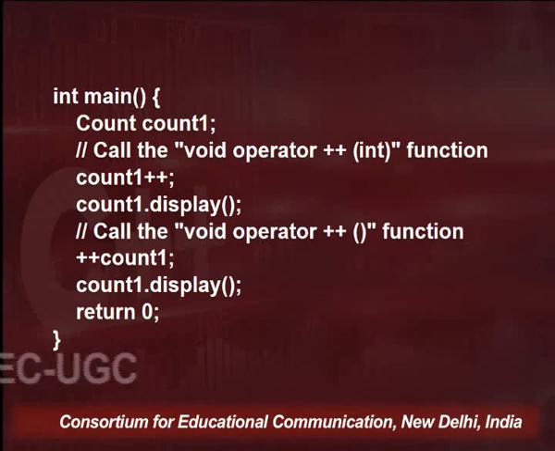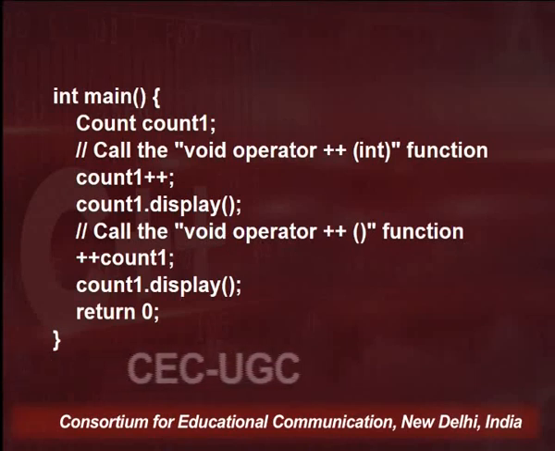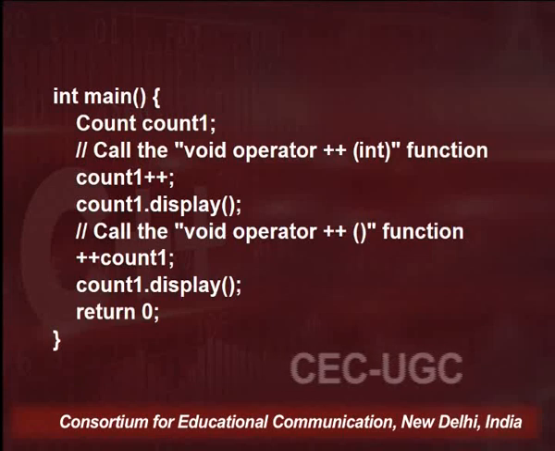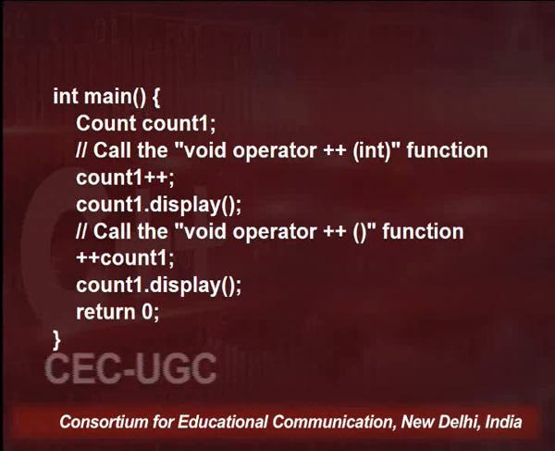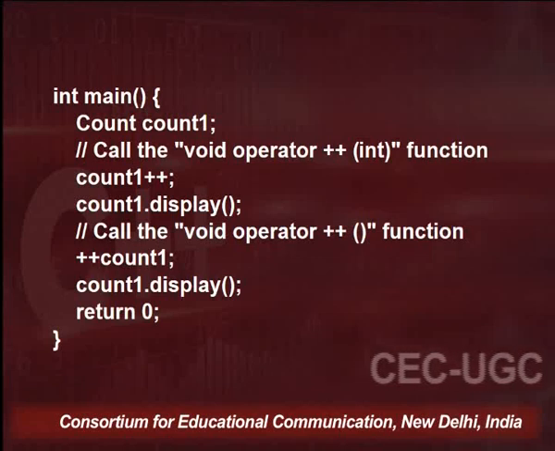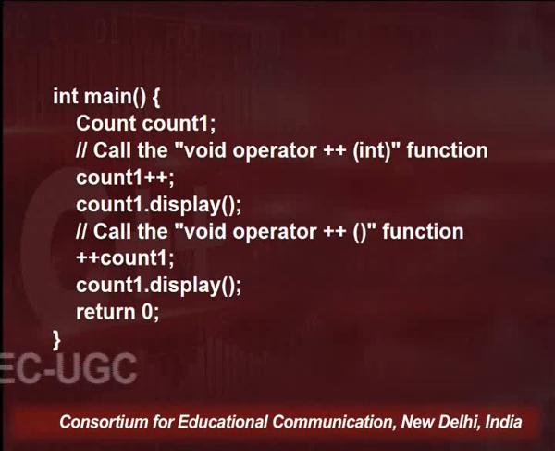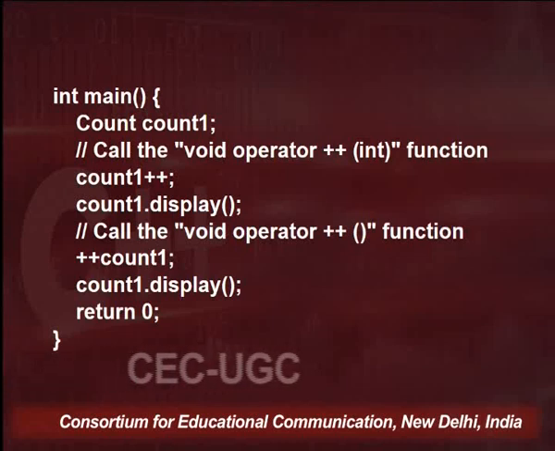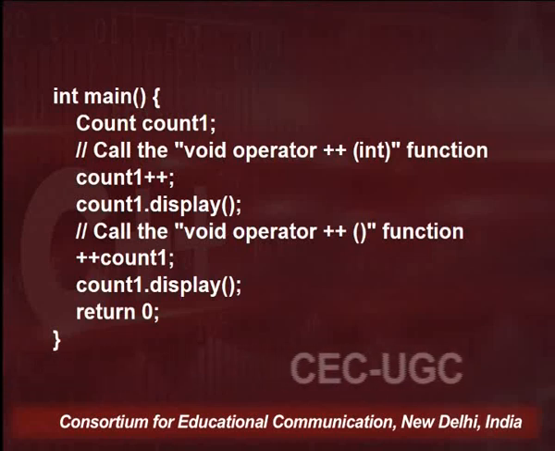Initially count1 holds the value 5. After plus plus in the postfix version, it will become 6, and onto that 6 we again call the prefix version of plus plus, which will make it 7.